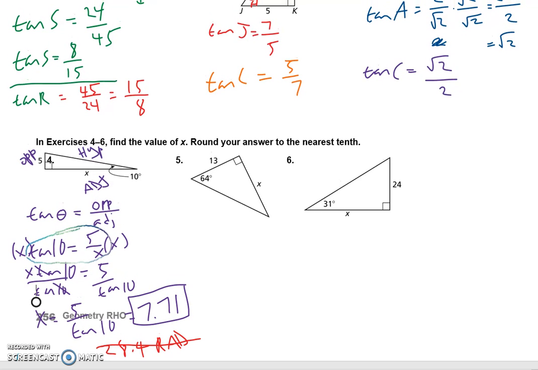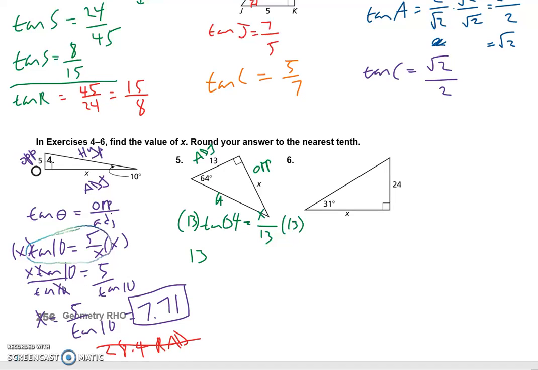For number 5 here, you have theta. This is your adjacent, 64 standing on this floor. This is the opposite, and this is the hypotenuse. So we'll do tangent of 64 equals opposite is x, adjacent is 13. So all you have to do here is multiply by 13.